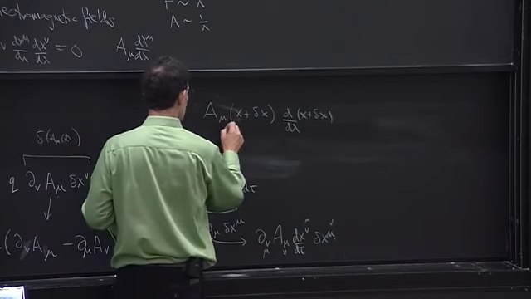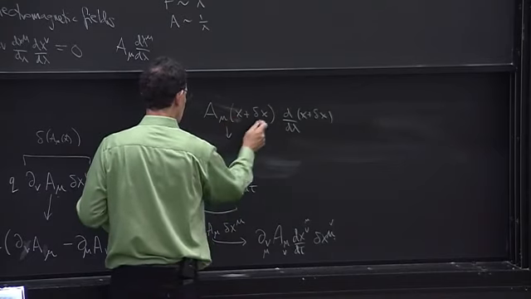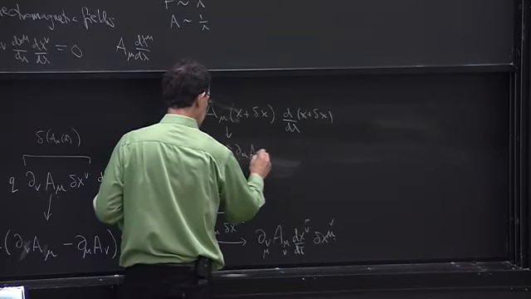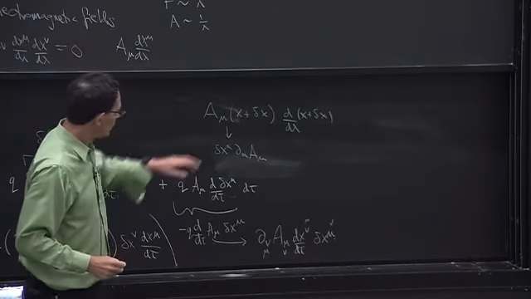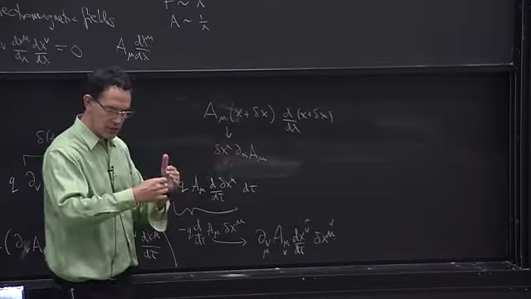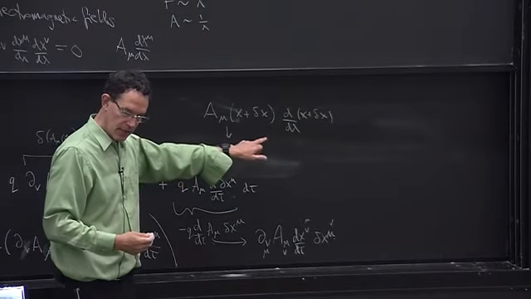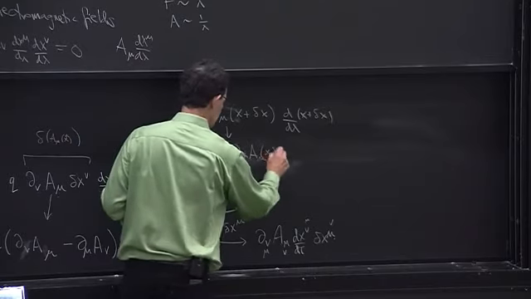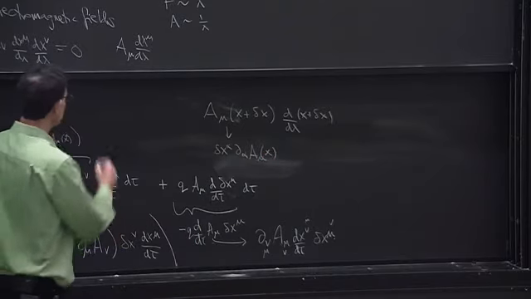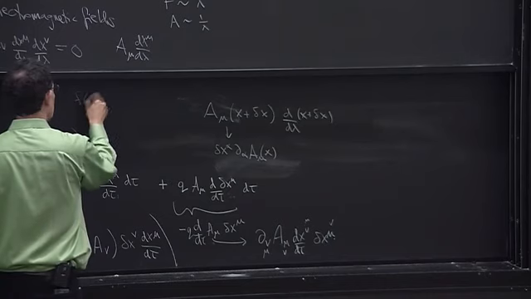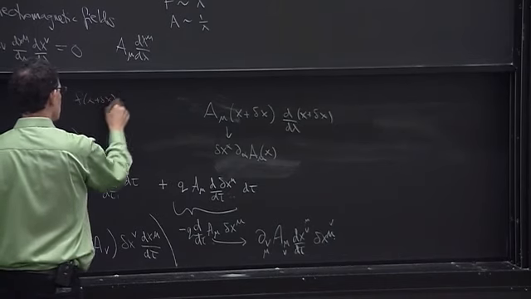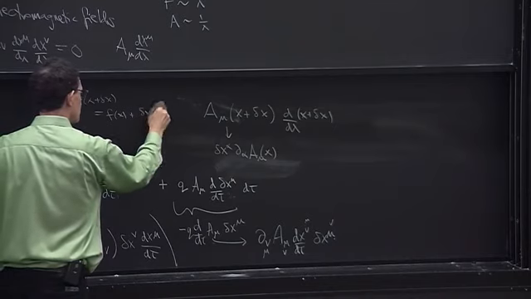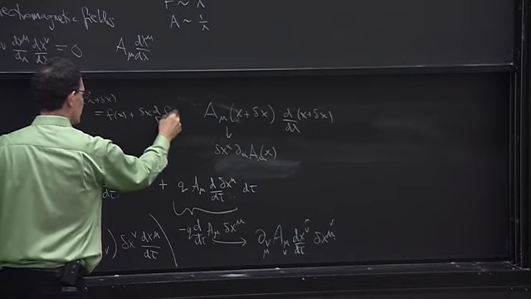So this is going to give me delta x alpha d alpha A mu. That's what this one is, because I just do a Taylor series in delta x around A mu of x. I'm just saying that a function of x plus delta x equals the function of x plus delta x times d by dx of the function of x.